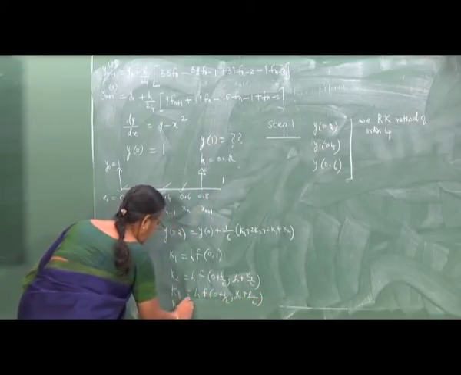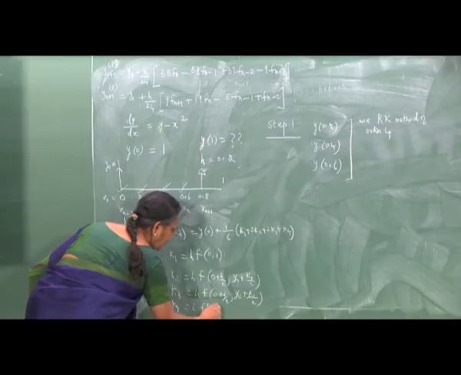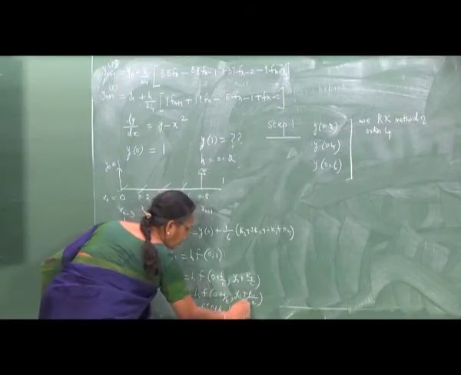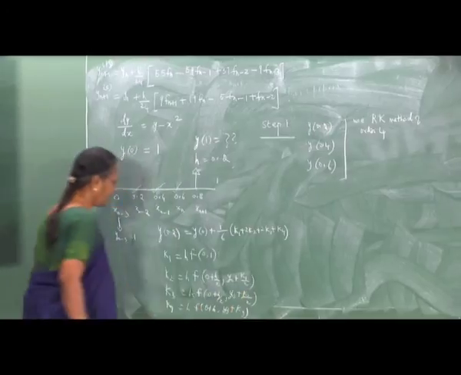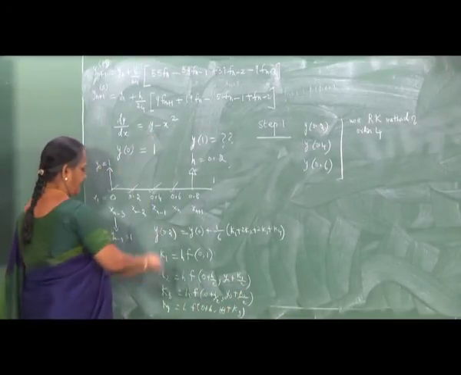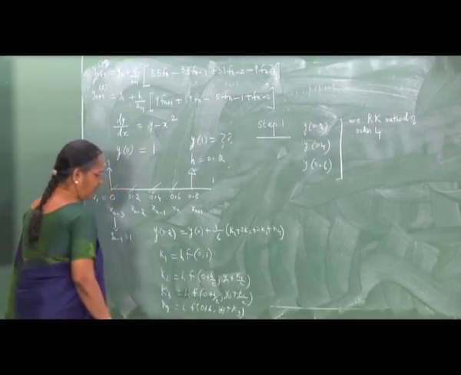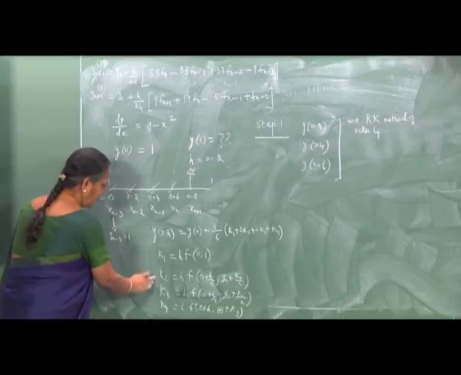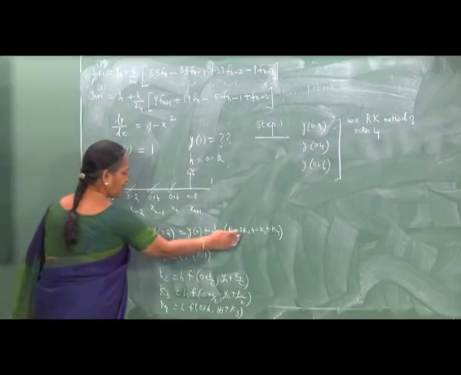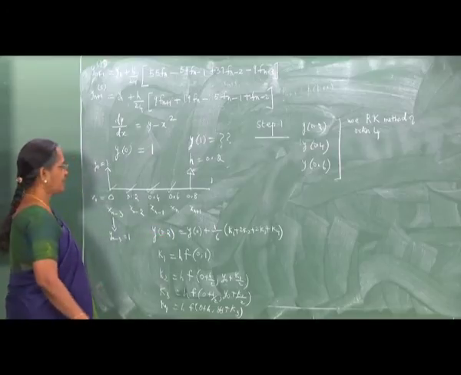And finally, k4 is h f of x naught plus h, y naught plus k3. So, I know what the function is that is given to me. What are x naught, y naught? They are 0 and 1. So, I can compute k1, k2, k3, k4, substitute here and arrive at what y at 0.2 is.